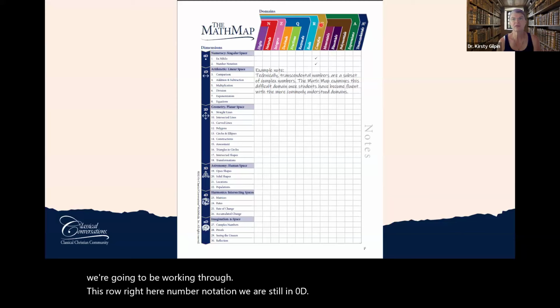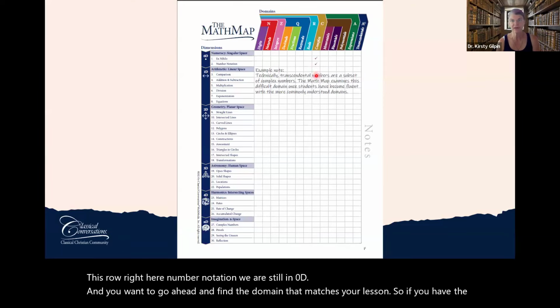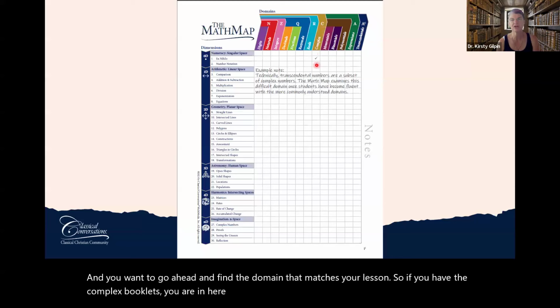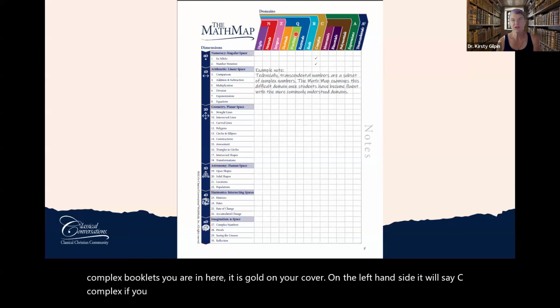You want to go ahead and find the domain that matches. If you have the complex booklets, you are in here. It is gold on your cover on the left-hand side, and it will say C, complex. If you are in fractions, you will have green pages and a green bar on your cover, and it will say Q, fractions.